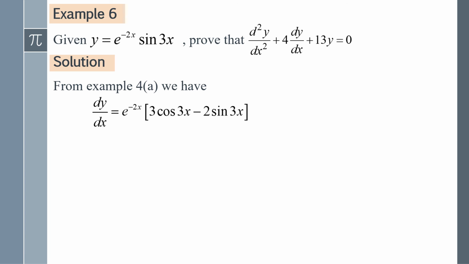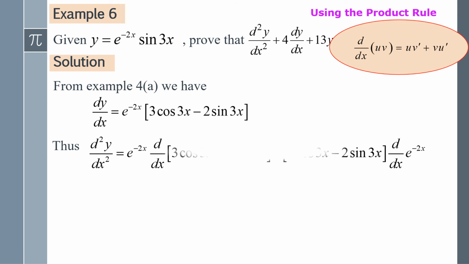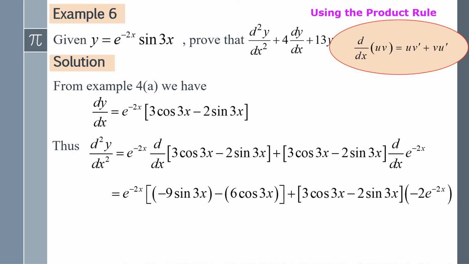For the second derivative, we differentiate by using the product rule. So d²y/dx² is equal to e to the power of negative 2x times d/dx of (3 cos 3x minus 2 sin 3x), plus (3 cos 3x minus 2 sin 3x) times the derivative of e to the power of negative 2x.